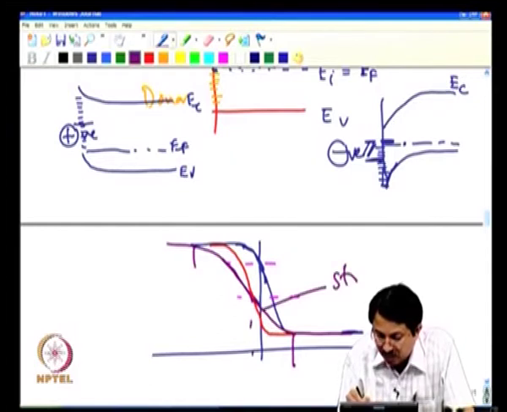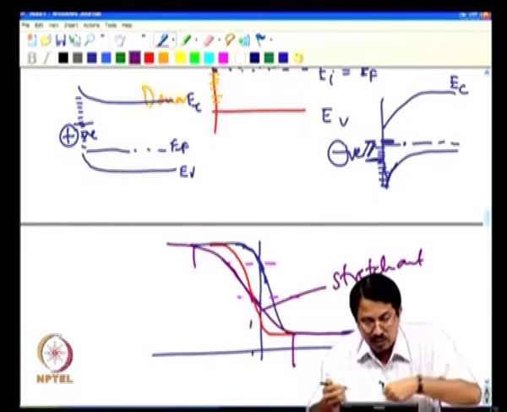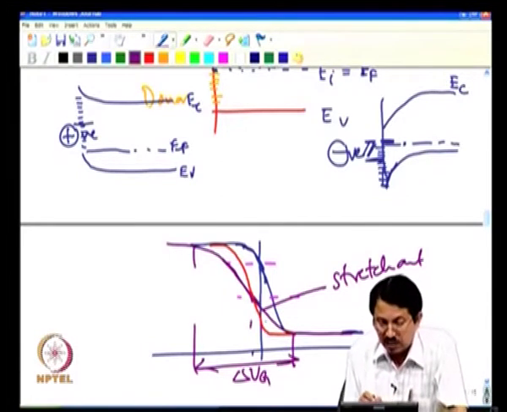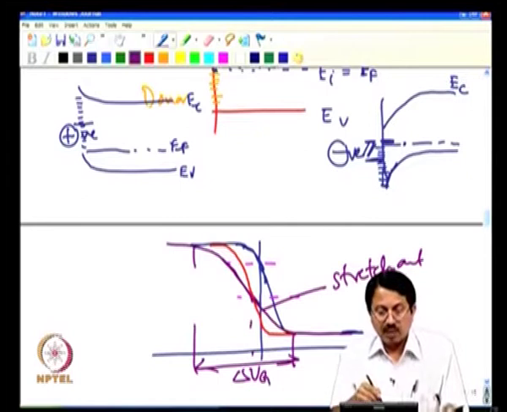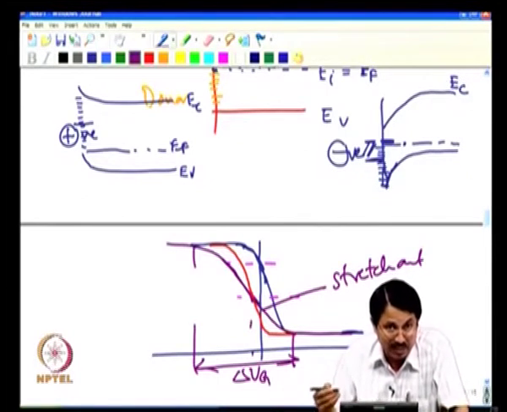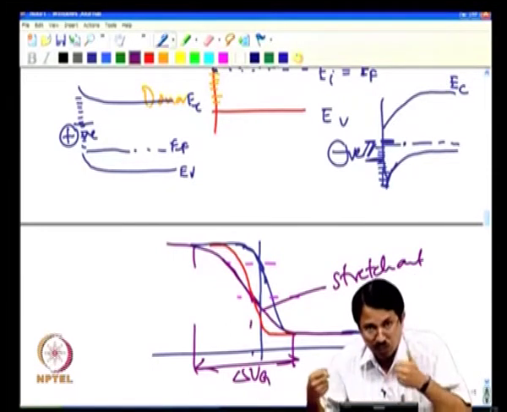CV, it is as if you have taken that CV and you have stretched it out, you see. So, that it takes a much larger voltage span to go from accumulation to inversion condition as compared to the much shorter voltage span in the ideal case. So, now if you have higher and higher trap density, that is interface trap density, your stretch out will be more and more.